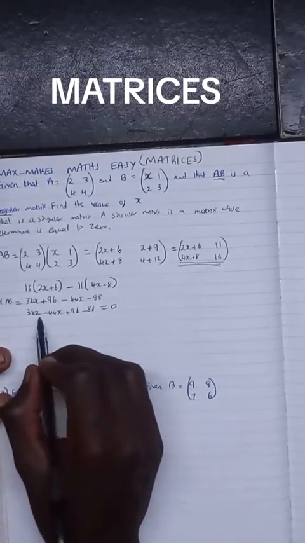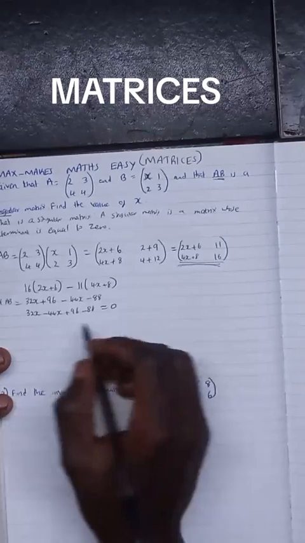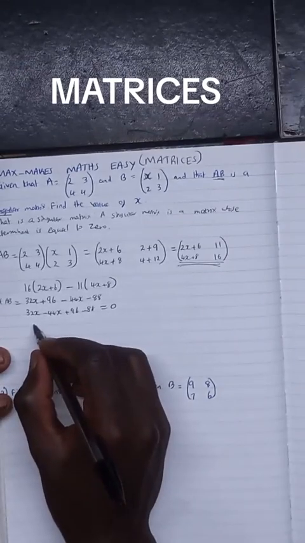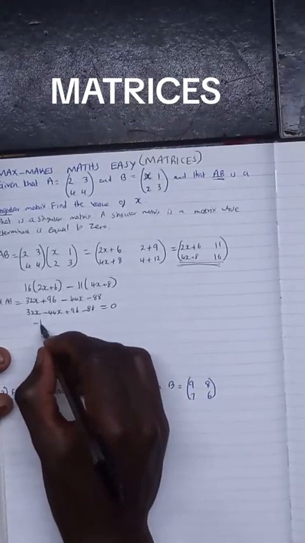If we subtract here 32 minus 44, that is negative 12x.